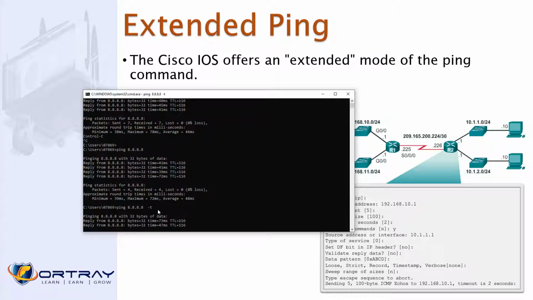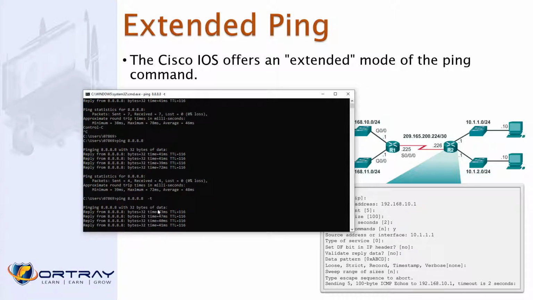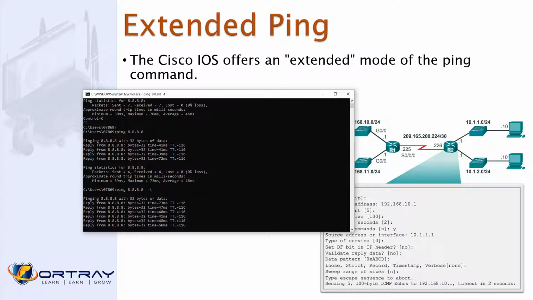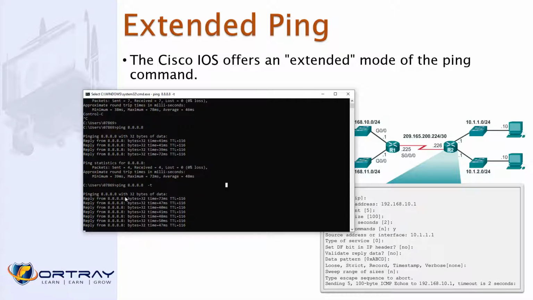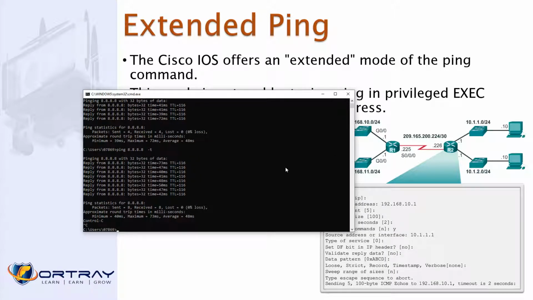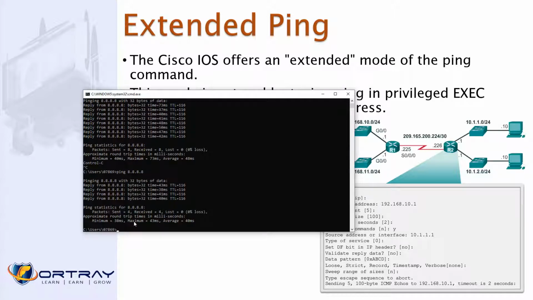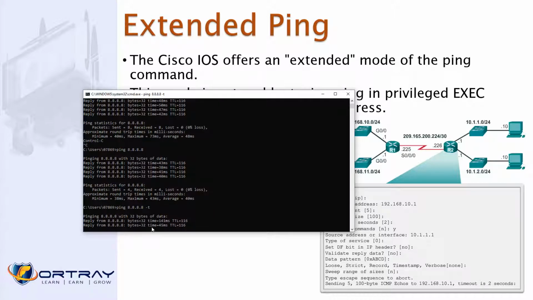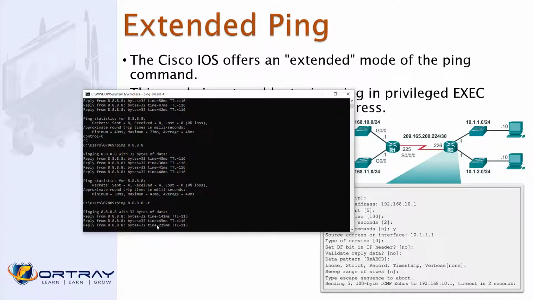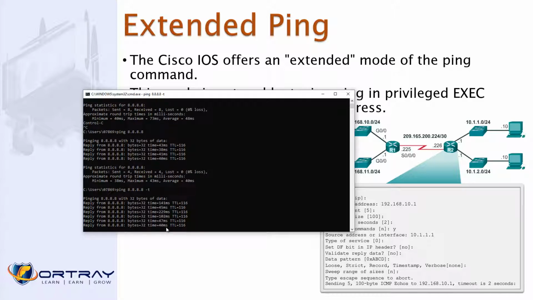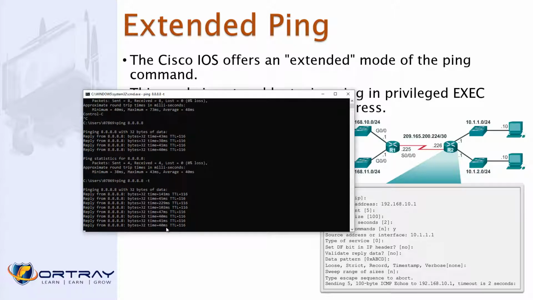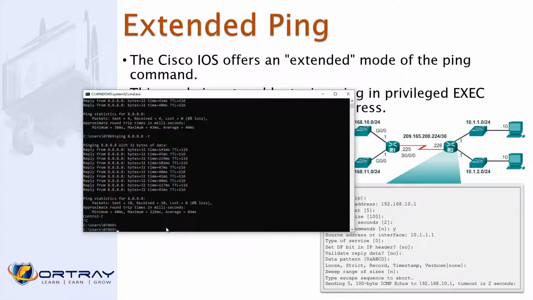With -t, what happens? It just continuously pings. Sometimes for troubleshooting purposes, we use this. So with a normal ping on our computer, it finishes after 4 pings. But when we do ping -t, it pings continuously, as you can see.